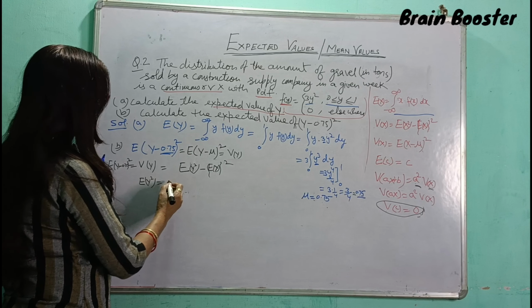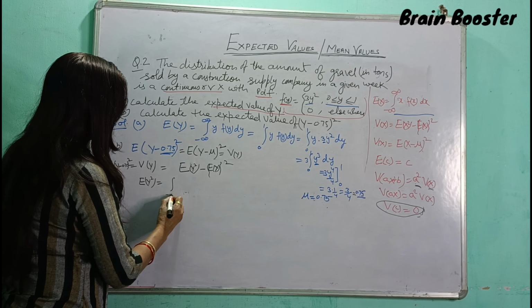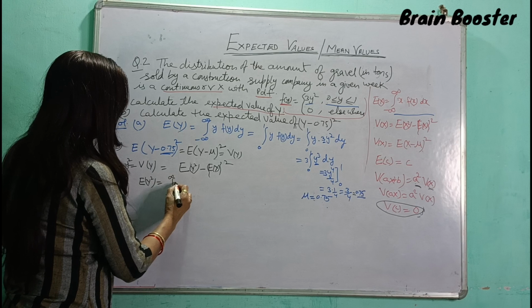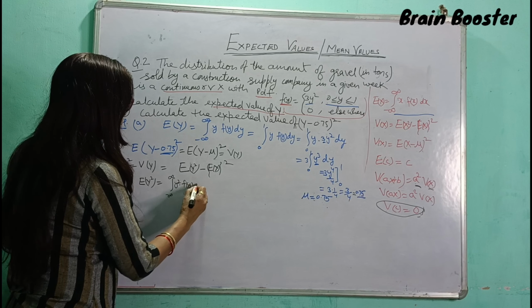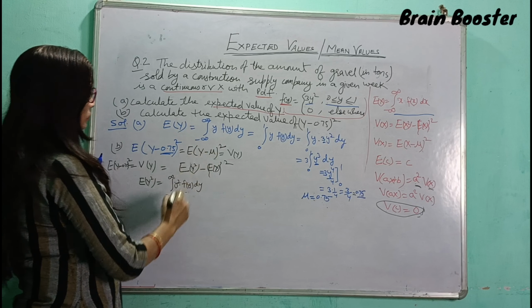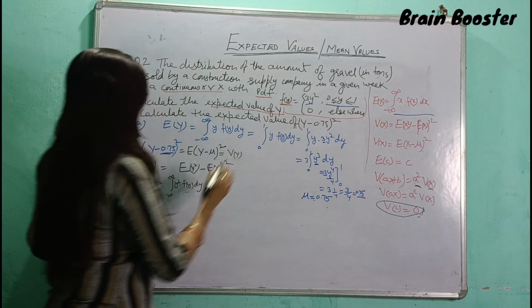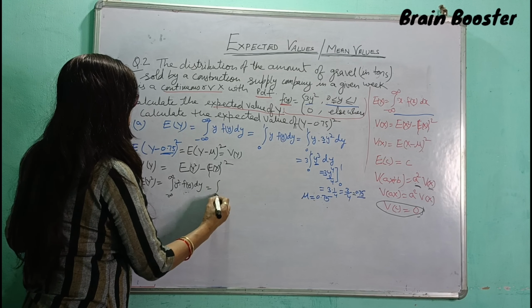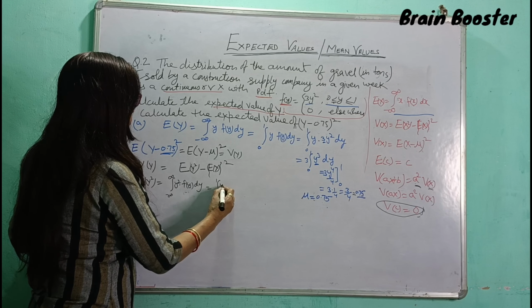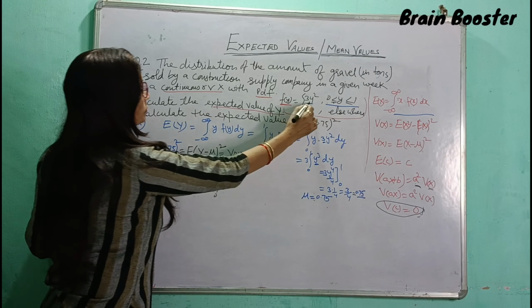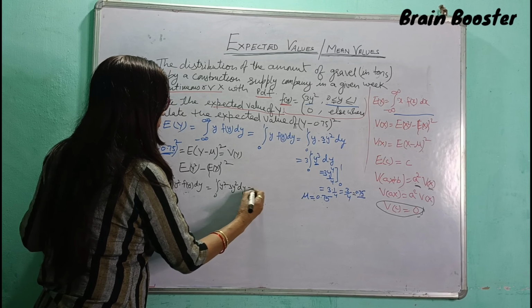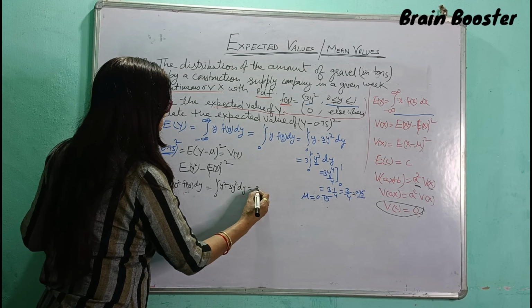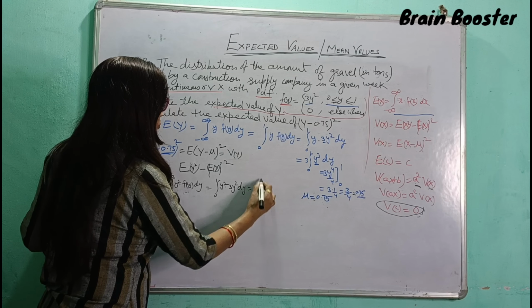This one will be equal to the integral from minus infinity to infinity of y square f(y) dy. Okay, and here it is between 0 to 1 only. That means from 0 to 1 of y square times 3y square dy. Take the 3 out, so it is 3 times the integral of y to the power 4 dy from 0 to 1.